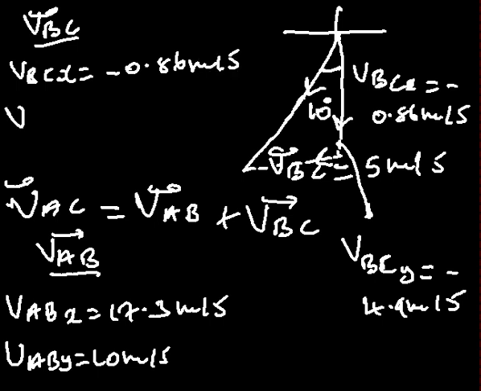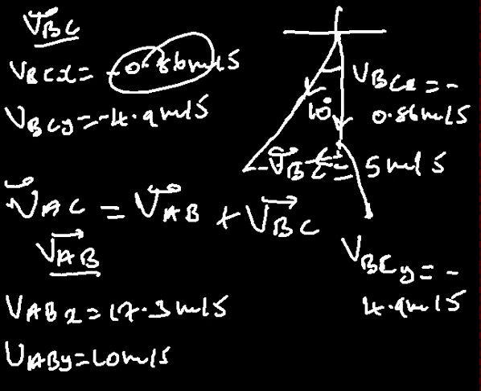And how about the y component VBCY? It should be negative 4.9 meters per second. And from there, we have to add these vector components, the x component and the y component.